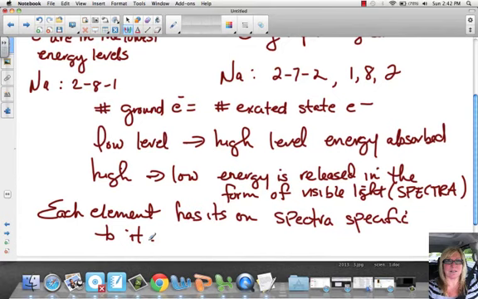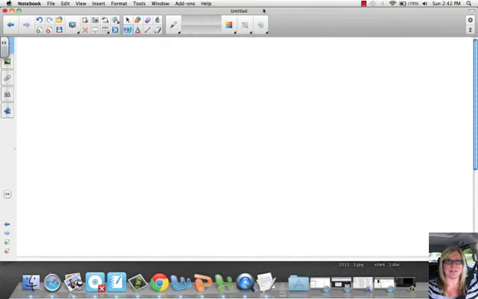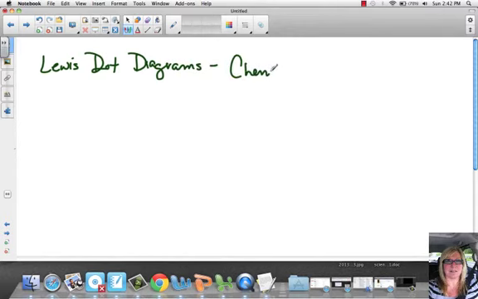Okay, let's see what else I forgot. Lewis dot diagrams. It's the chemical symbol plus valence electrons.